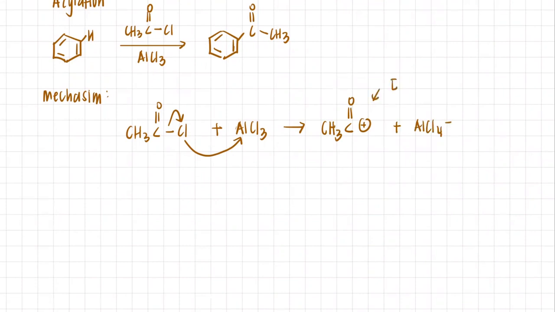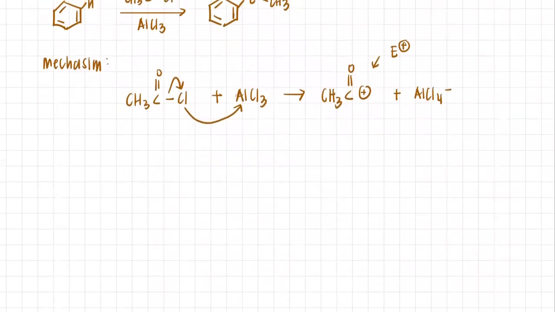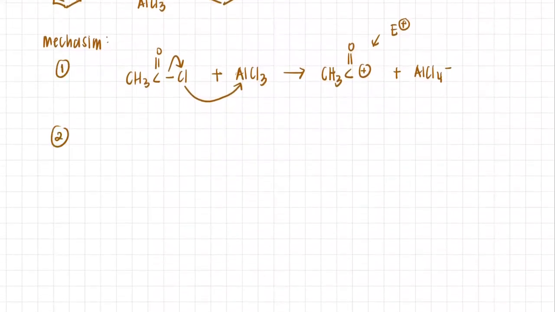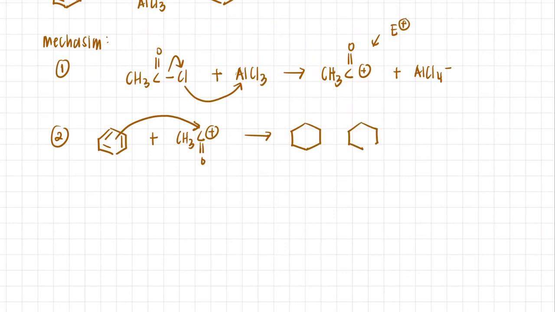So this is your electrophile. The electrophile is the positive species. Your mechanism: first step, second step, reaction with benzene. Form three different resonance structures.